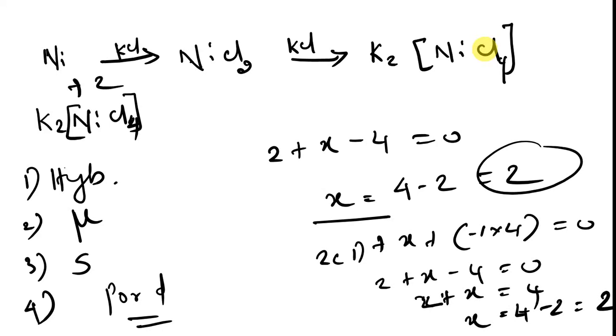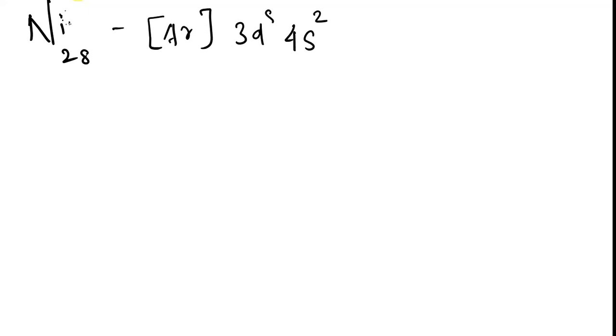So let us write the electronic configuration of nickel here. The atomic number is 28, so the electronic configuration will be argon 18, remaining 10 electrons are there: 4s2, 3d8. When it is the nickel 2 plus form, then the electronic configuration is 3d8 only, right?